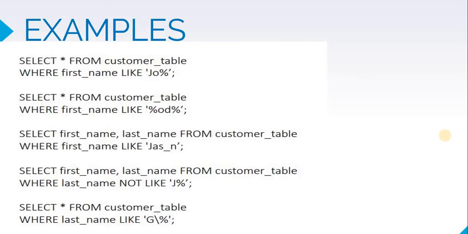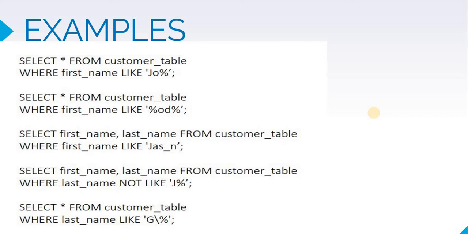The last example is using the escape character. This backslash that we have here is called an escape character. It is used to escape the meaning of percent as a wildcard. What I mean is that if you want to actually find out a percentage symbol in your data, how do you do that? If you write the percent symbol, it will be considered as a wildcard.